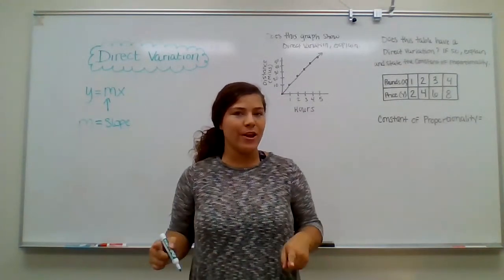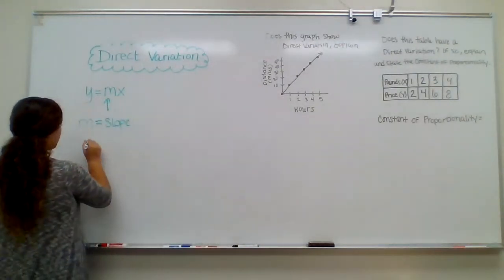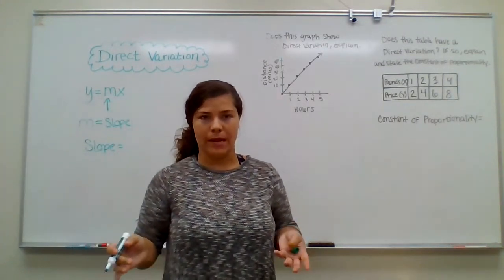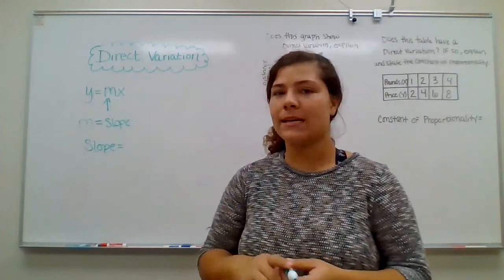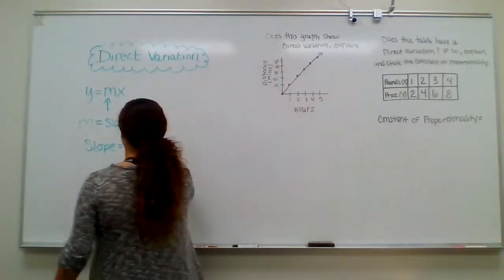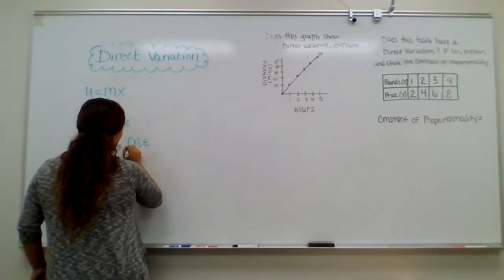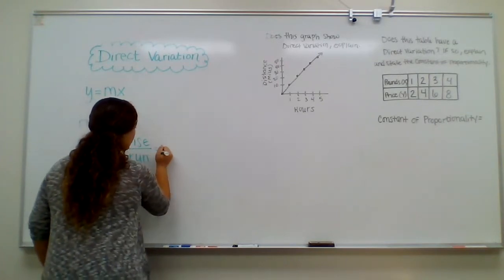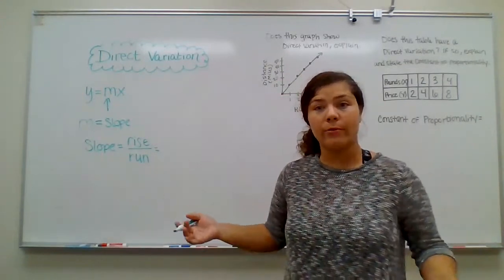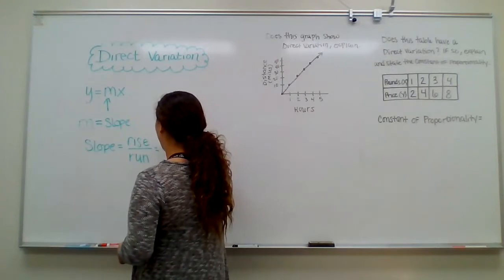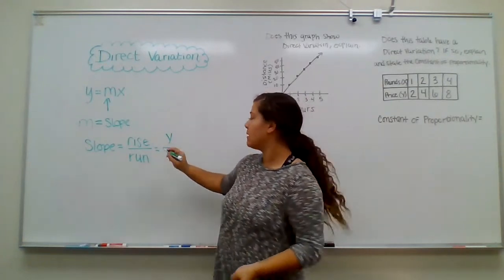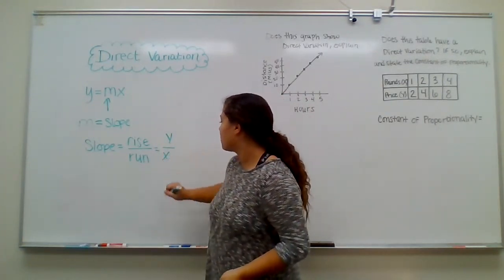So you guys should know that slope equals what? What does slope mean? Think to yourself for a couple seconds. Oh yeah, slope means rise over run, which is what we've been talking about with graphs and tables, how much your y value goes up over how much your x value goes up.